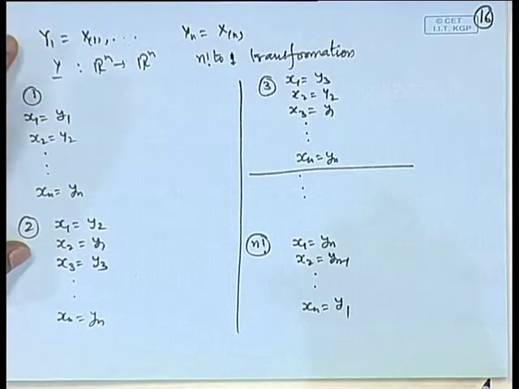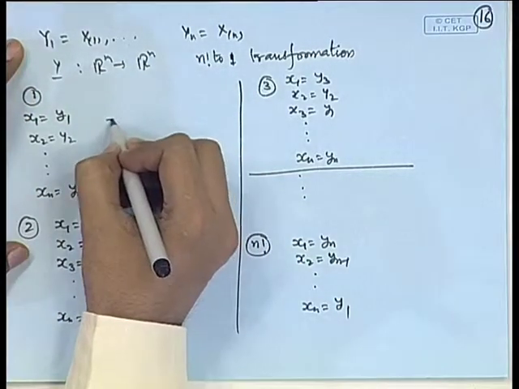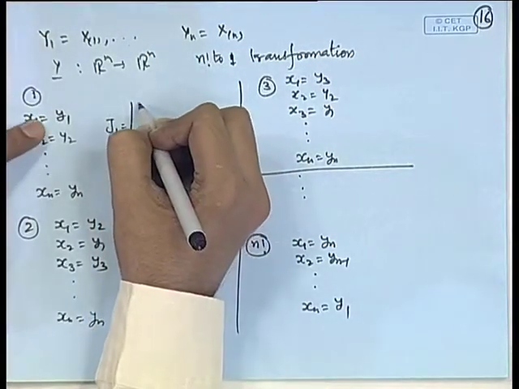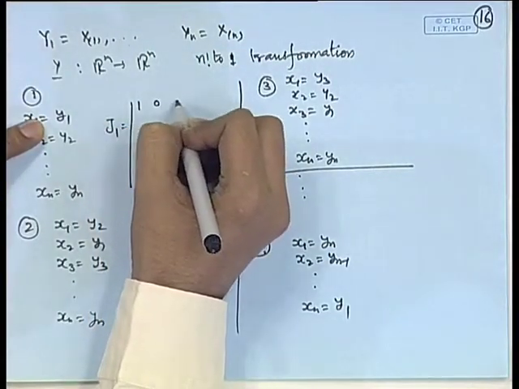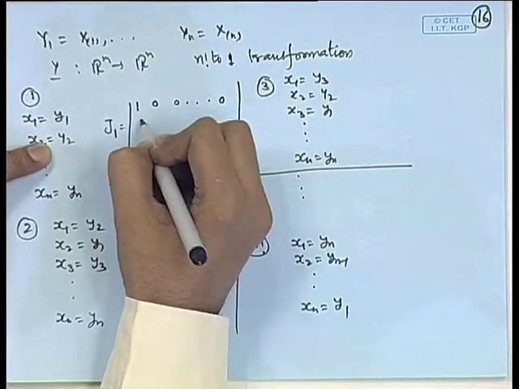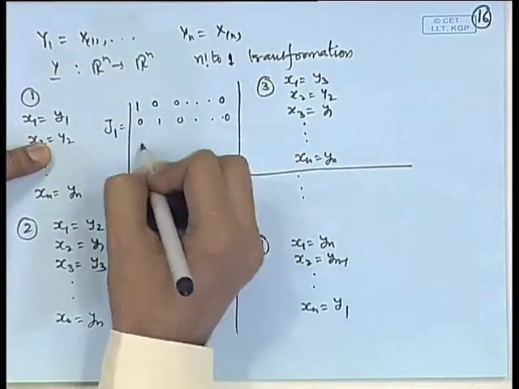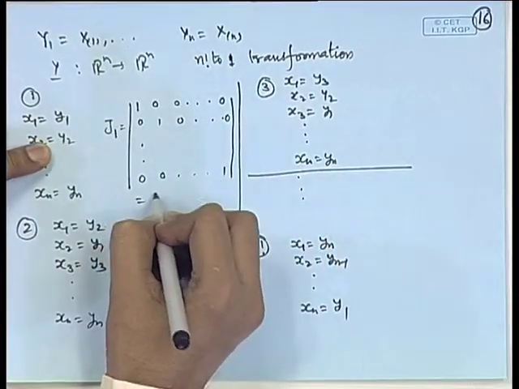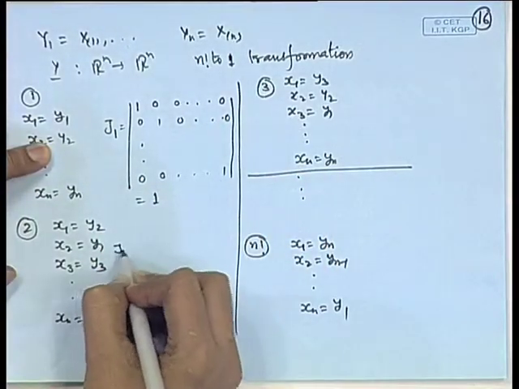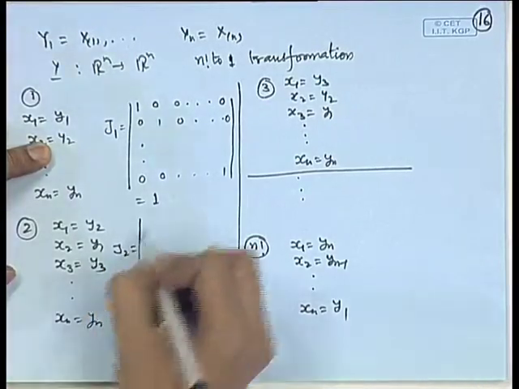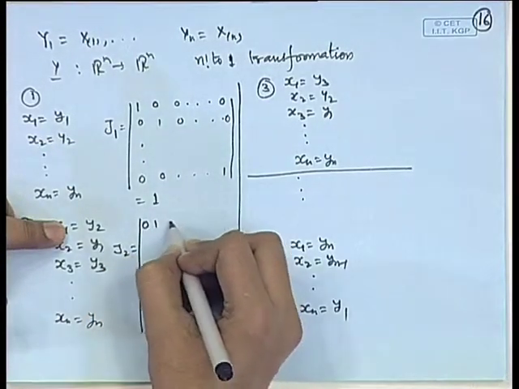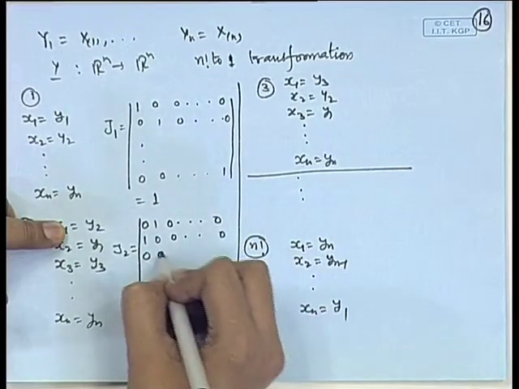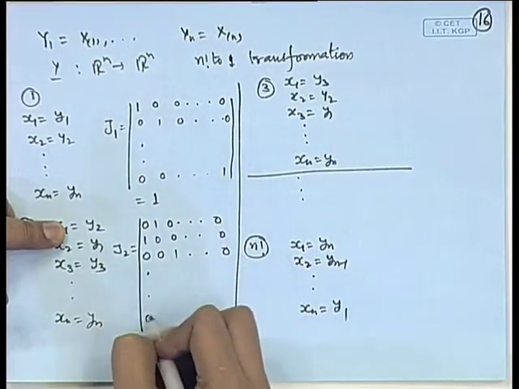Let us look at the Jacobian in each case. The Jacobian here is the determinant of the identity matrix 1 0 0, 0 1 0 and so on, 0 0 1, which is simply equal to 1. If we look at the Jacobian in the second case, this is 0 1 0 and so on, 1 0 0 and so on, 0 0 1 and so on.